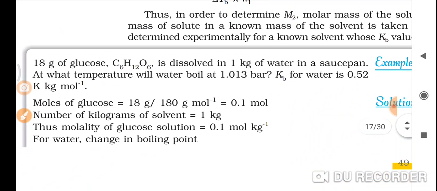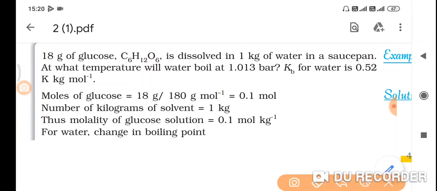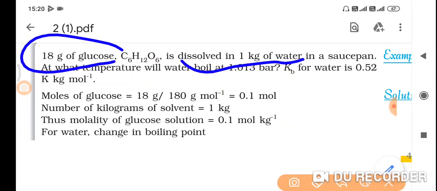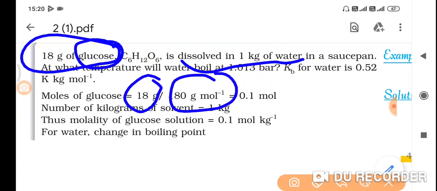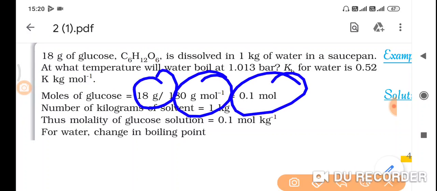Now we are going to do one question. 18 gram of glucose, C6H12O6, is dissolved in 1 kg of water, right? So 1 kg of water is your solvent, and this is your solute. Molar mass of glucose is 180 gram. Number of moles of glucose is weight in gram of glucose by molar mass of glucose, that is 18 by 180, which will become 0.1 mole.